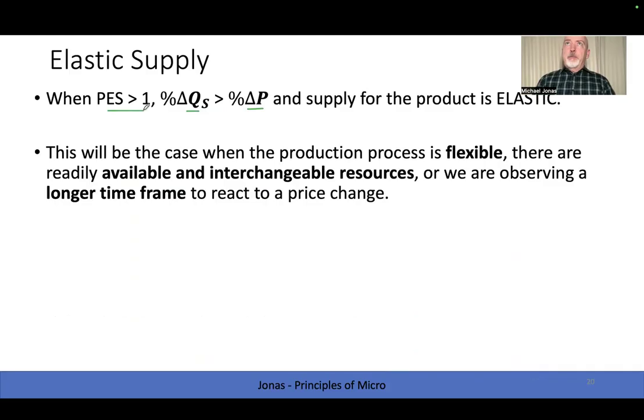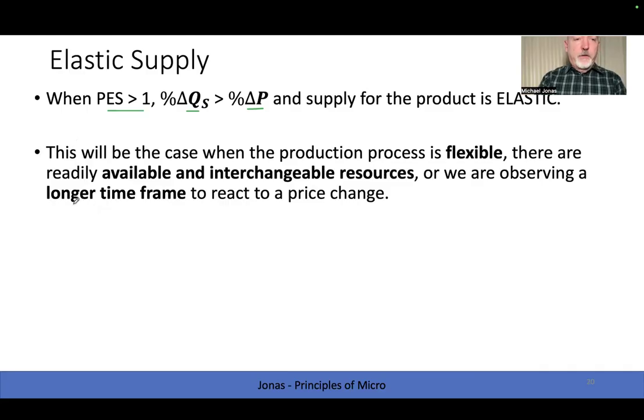So thinking about what that means, it's easy to think about that in terms of this idea of flexibility. You're producing something that has readily available resources. So if it does come to pass that I want to increase my production, I'm not locked into what I currently have, right? I can go get more land, labor, and capital and use it to produce additional units.